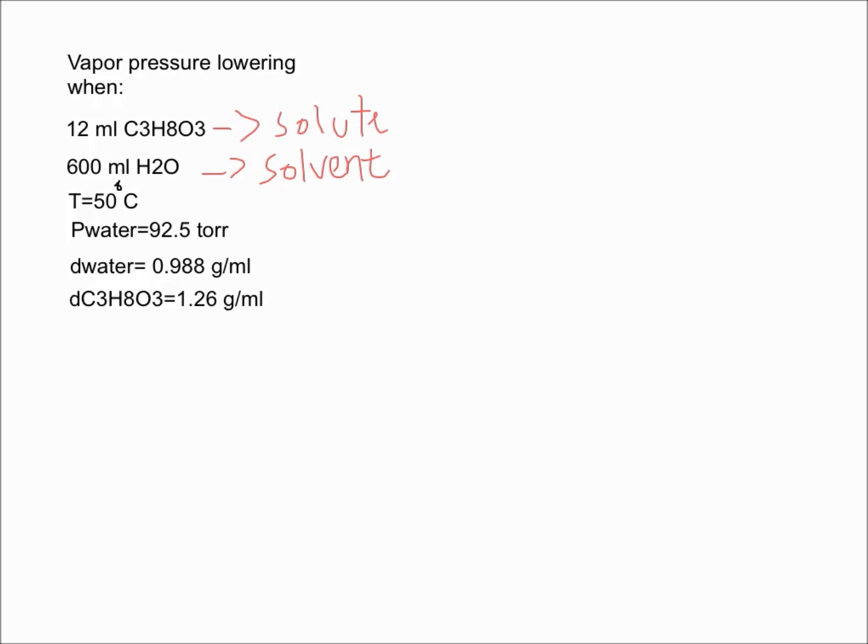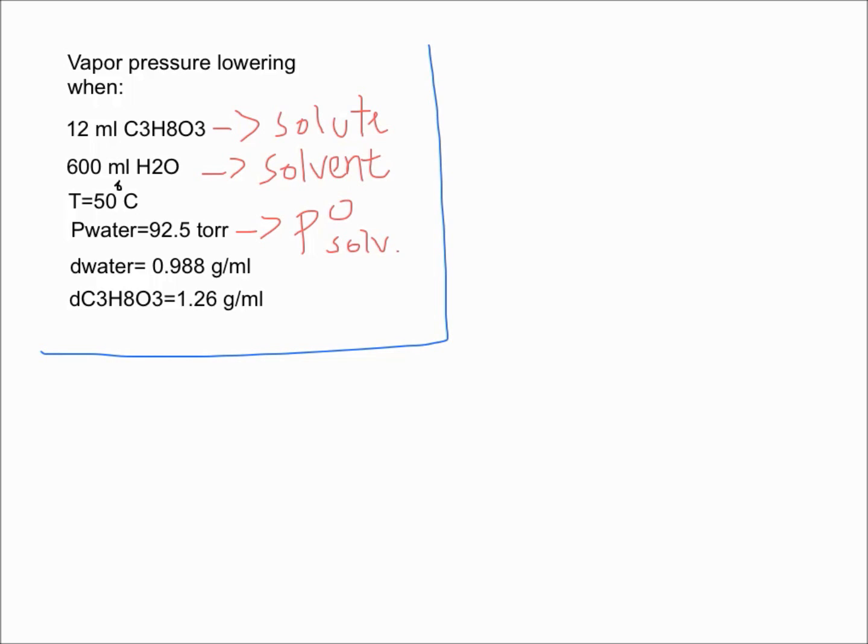Also, when water is at that temperature, 50 degrees Celsius, the vapor pressure of pure water is 92.5 torr. So this is our P circle solvent. The density of water is 0.988 grams per milliliter, and the density of glycerol is 1.26 grams per milliliter. This is our data.